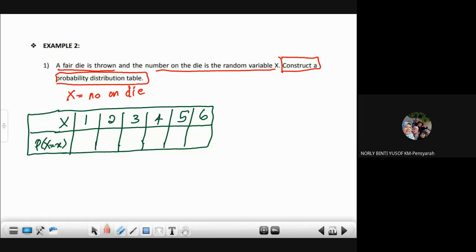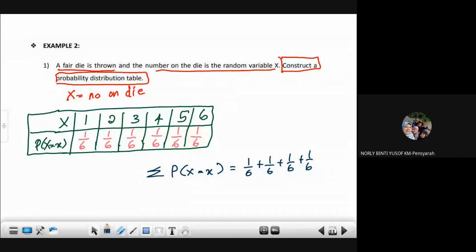Satu pengetahuan tu dekat chapter 5. Tapi you build in the probability distribution table. So 1/6. Ini pun sama. 1/6, 1/6, 1/6, 1/6. The outcome lah 1/6. Bila you total probability ni, maksudnya dalam bentuk math formula, probability of discrete x, bila you total up, satu, dua, tiga, empat, lima, enam.